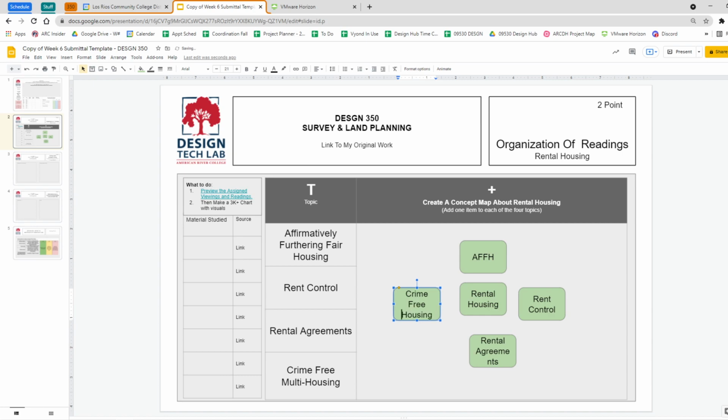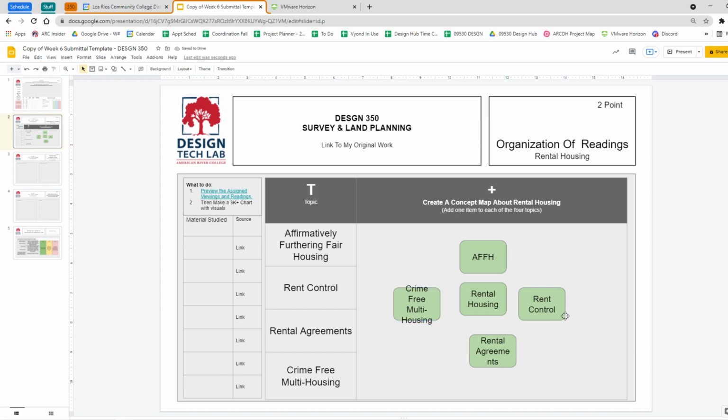Crime-free multi-housing. And I can do stuff, right? I think you probably want to make these a little bit better and maybe make them a little bit wider so that they all kind of fit and you can move them around.